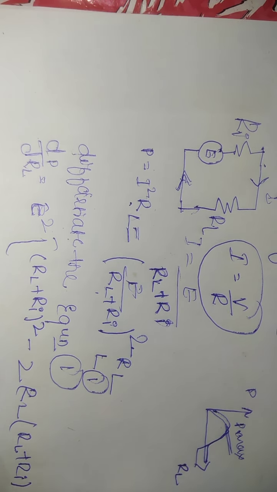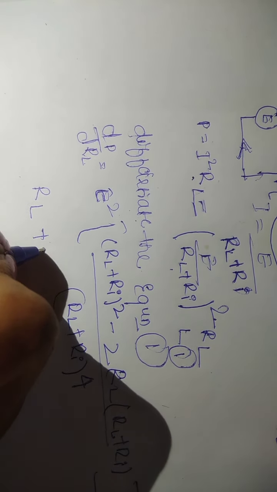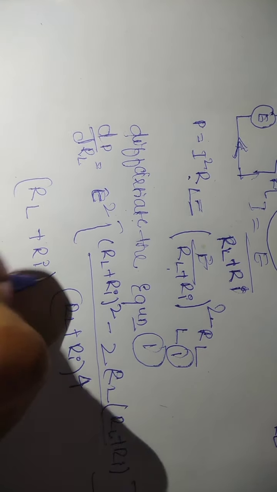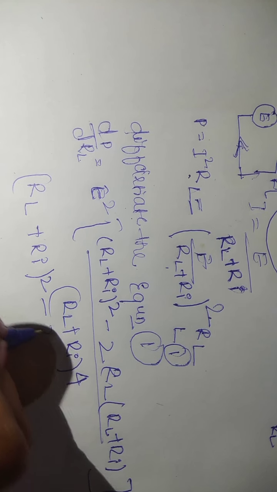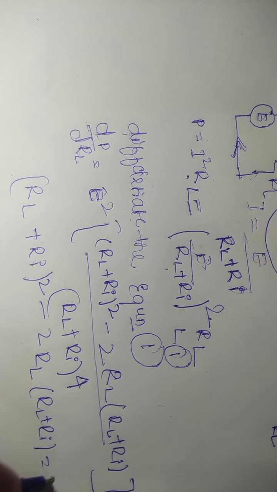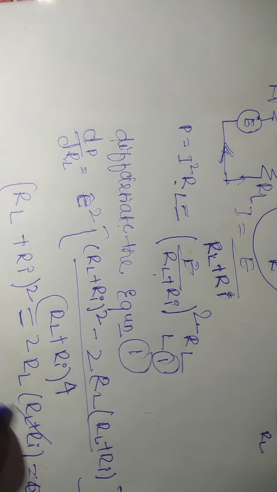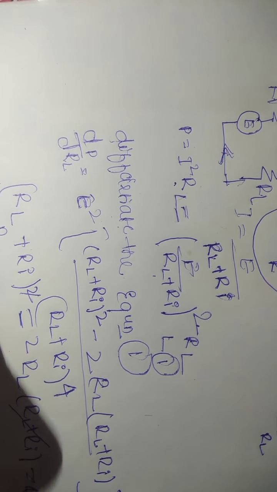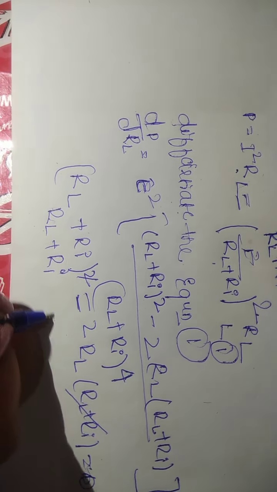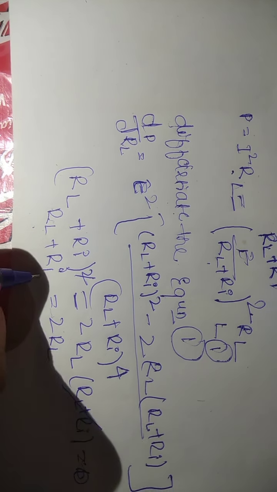Next we simplify this equation. RL plus RI square minus 2RL plus RI equals 0. So RL plus RI equals 2RL, and one RL gets cancelled.